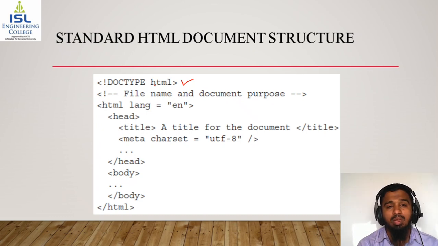Next, sometimes this is called a comment. This is nothing but a comment, meaning file name and document purpose. If you write code, you may forget, so this is especially for the developers who are developing web pages or websites.